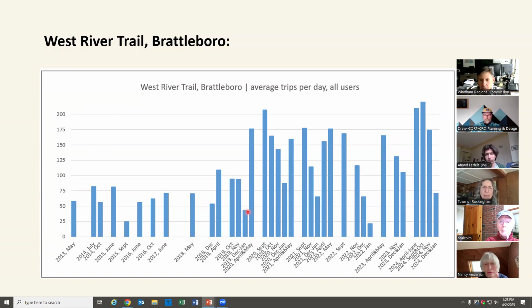One thing you can see on this chart, though, is there is a good degree of seasonal variability on the trail that we didn't see on the downtown Brattleboro count as much, because people are walking in downtown Brattleboro winter or summer, but there's just a lot less use on the West River Trail during the winter because it's cold, it's icy, and you're not going out after work because it's dark.